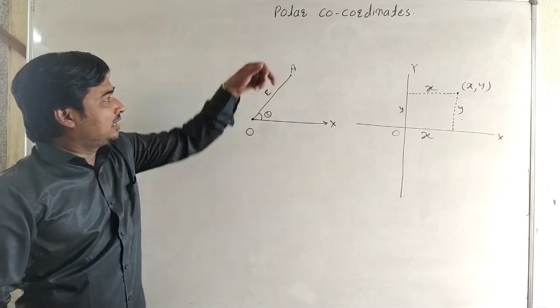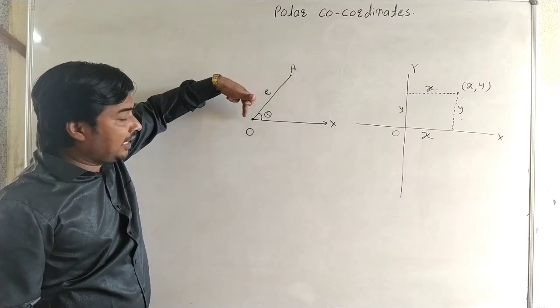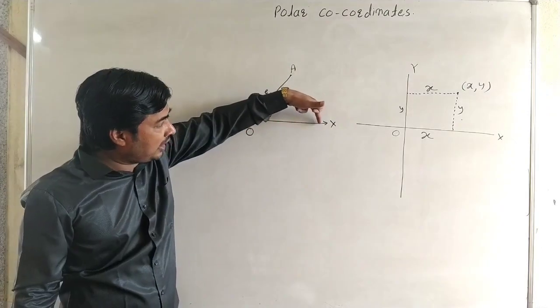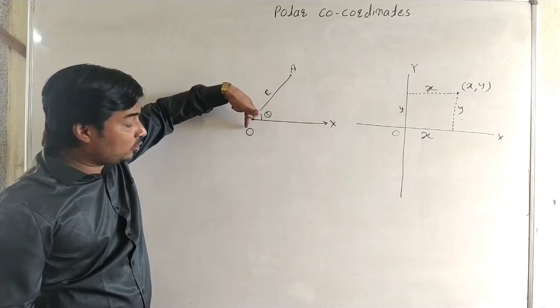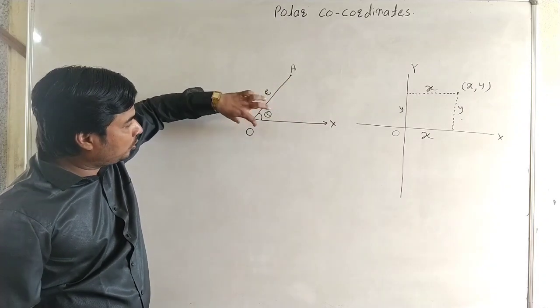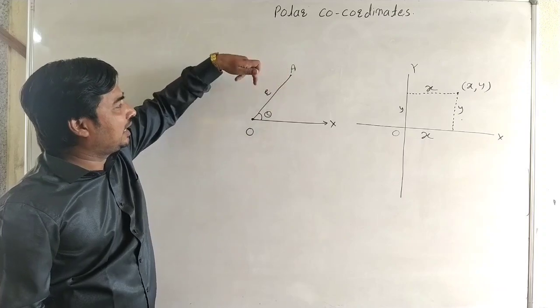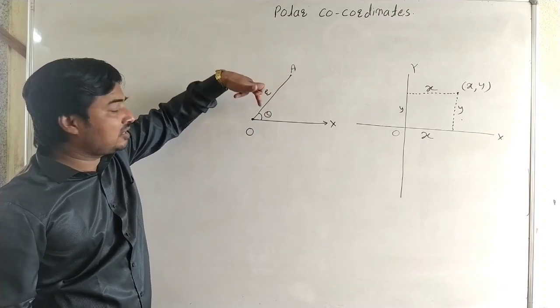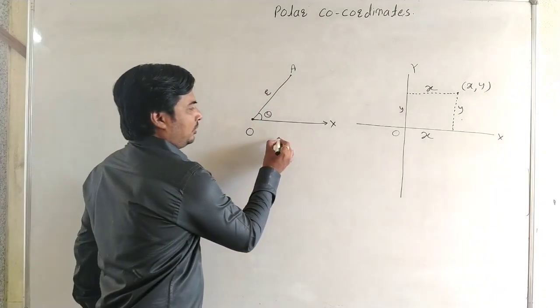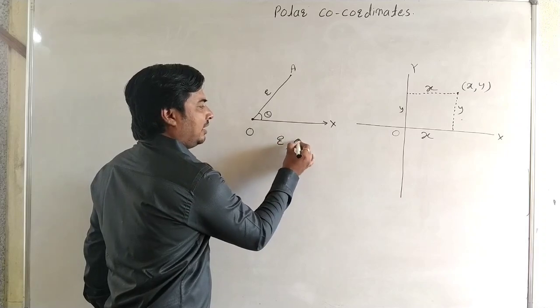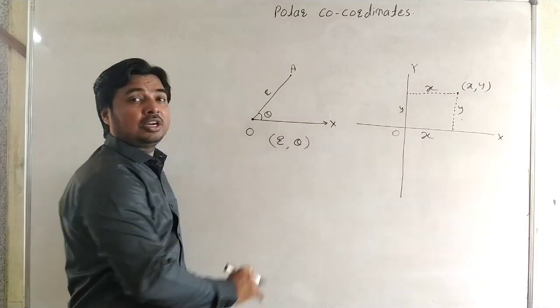That means this point A makes angle theta with the polar axis at O, the fixed point, the pole. Then the ordered pair of that distance and angle is called the polar coordinates.